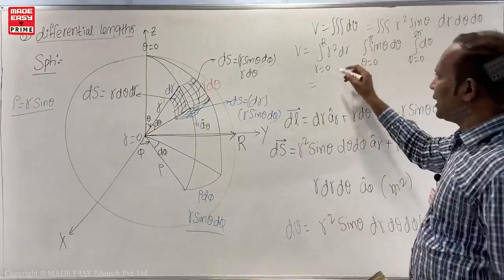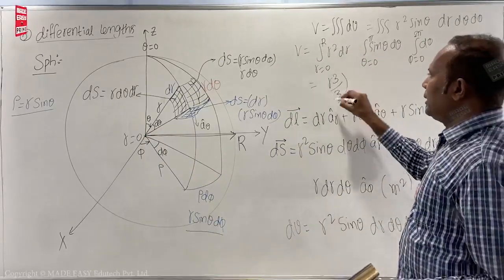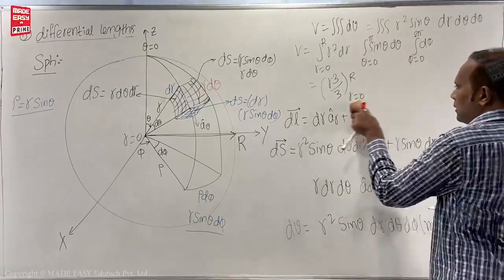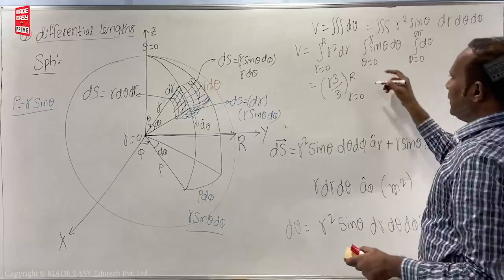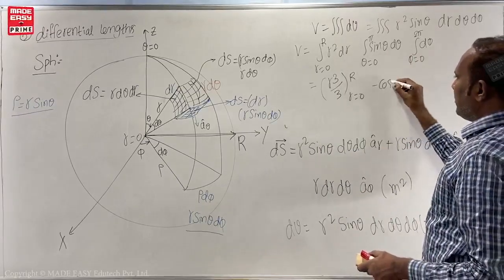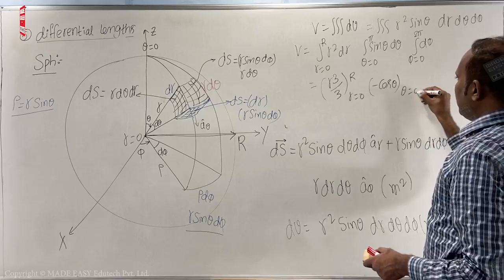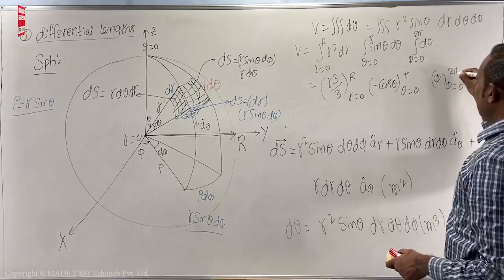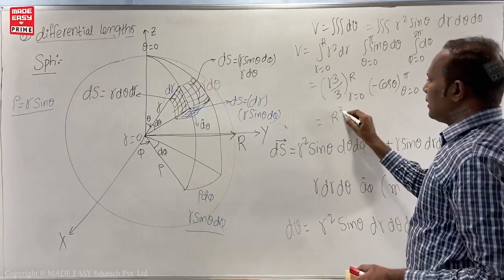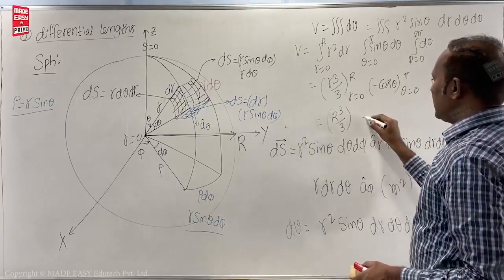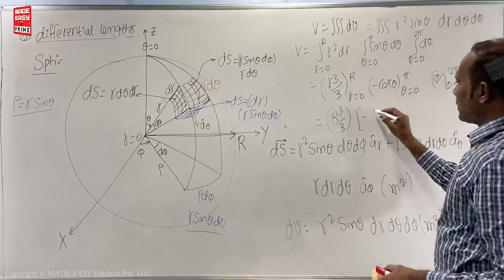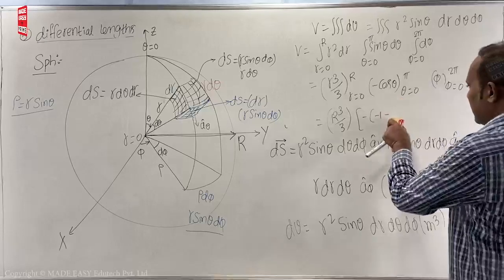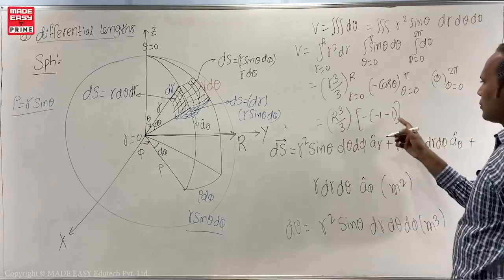Now here it is r cube by 3, r varying from 0 to capital R. The integral of sin theta is minus cos theta, theta from 0 to pi, and the integral of d phi is 2 pi. Ultimately minus cos pi is minus minus 1, minus cos 0 is 1, so this becomes 2.